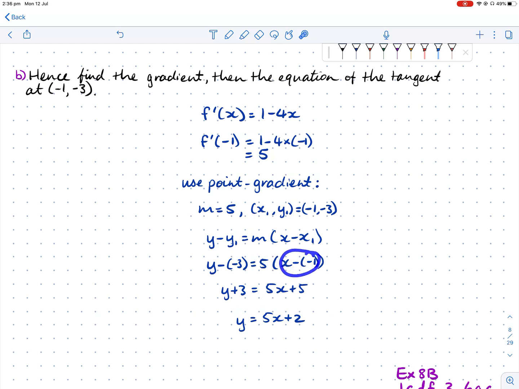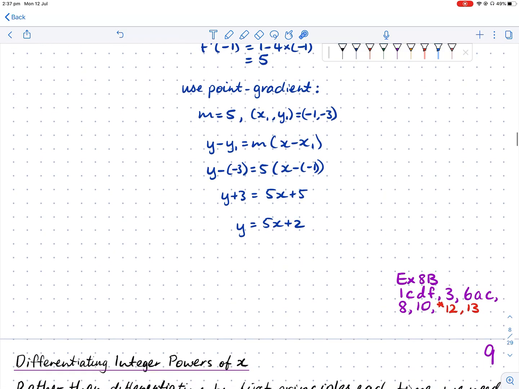We'll simplify that and expand the 5 in, and then we'll bring the 3 across, so the equation is y equals 5x plus 2. We'll do a lot more with tangents and normals a little bit later, but this is just showing you where we're going with it. For the most part, this exercise is really about the algebra, working out what the derivatives are using first principles.